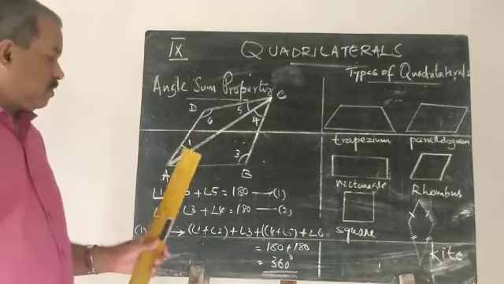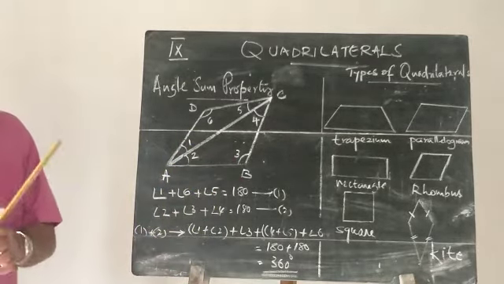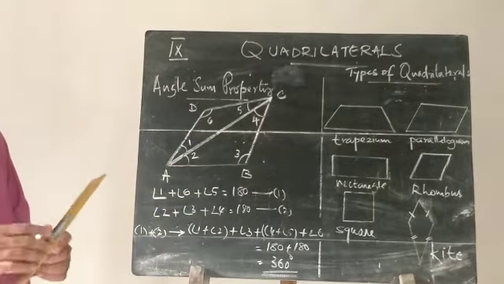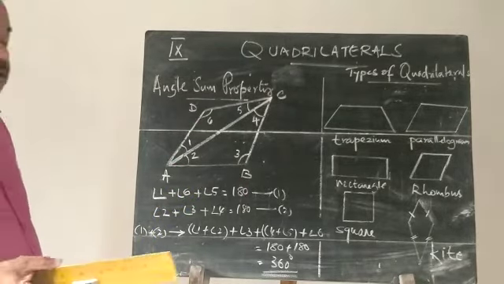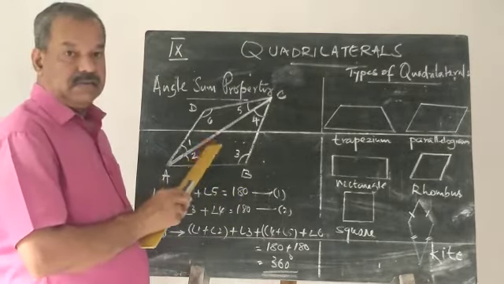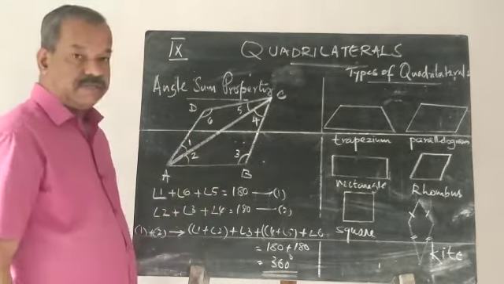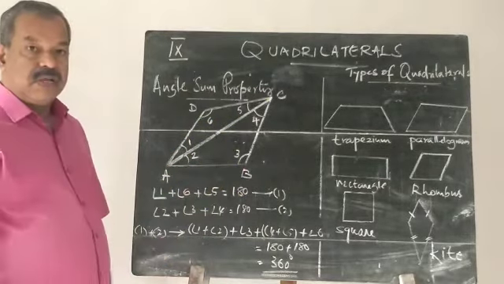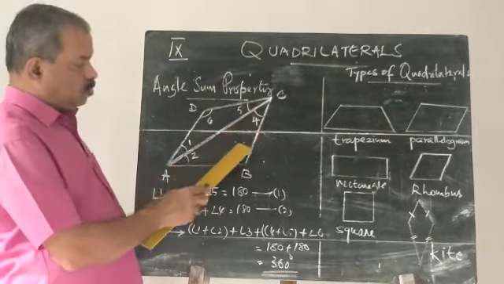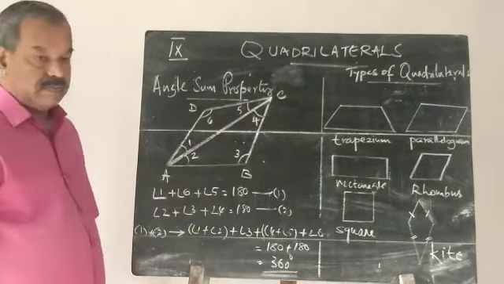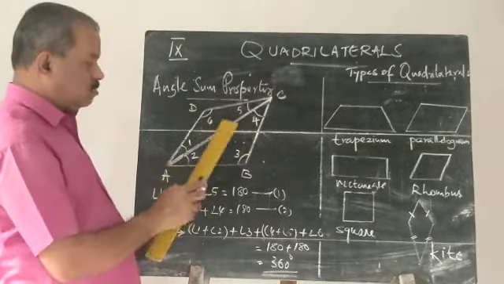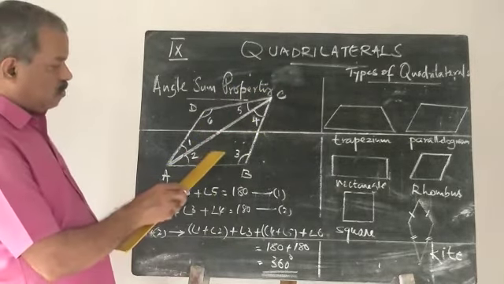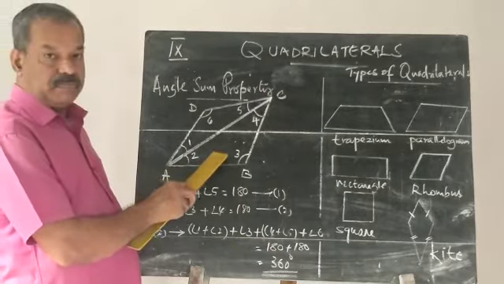Now, we are familiar with the angle sum property of a triangle. What do you understand by the angle sum property of a triangle? In any triangle, the sum of the angles is 180. Consider quadrilateral ABCD. We can divide it into two triangles by drawing a diagonal. Diagonal AC divides the quadrilateral ABCD into two triangles. What is the sum of all the angles of the first triangle? 180.